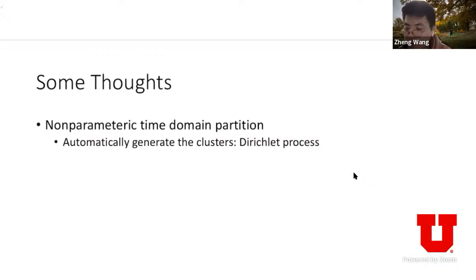Non-parametric doesn't mean you don't have parameters. Instead it means your parameters increase with your data, because the Gaussian process is a typical non-parametric method.